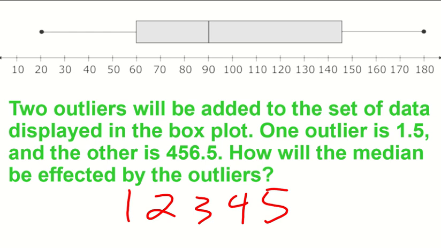So same idea here. If we add one that's like crazy low and crazy high, we're still right there in the middle, right? It doesn't change anything. If you add just a high one, it probably will get a little higher. If you add just a low one, probably get a little lower. The mean in this case would definitely go higher because that 456 is way higher. And that 1.5, while it's lower, isn't like as huge a difference. So the mean would go up, but the median would stay the same. Make sense?